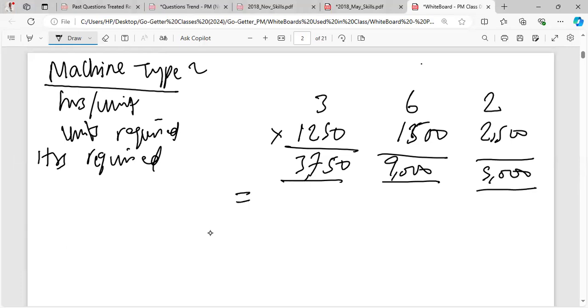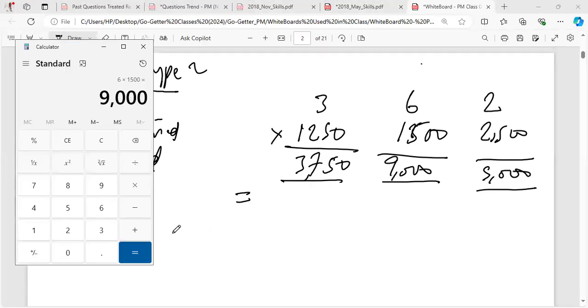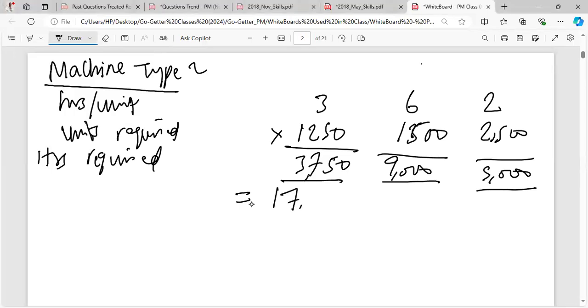So when we add them together, 9,000 plus 5,000 plus 3,750 gives me 17,750 hours.